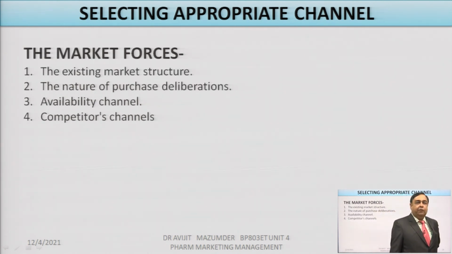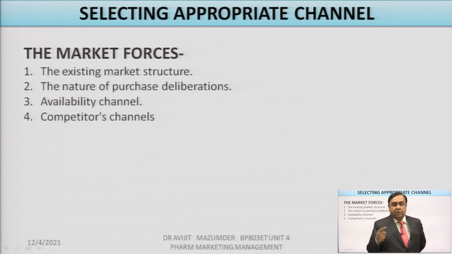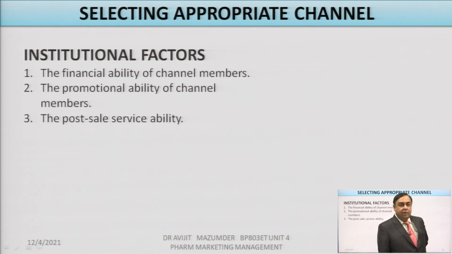Next are the market forces: the existing market structure, the nature of the purchase deliberations, availability of the channels, and the competition which exists among the channel members. They are all factors which come under market forces. Next are the institutional factors.